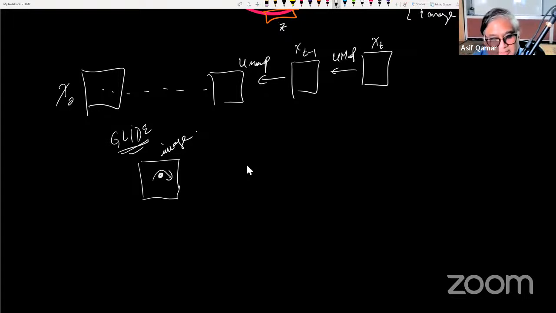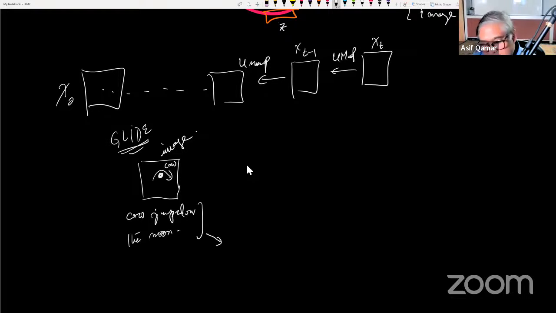Here's the moon, and here's a happy cow. Right? Cow. Here you go. And so what you do is, now this is text.